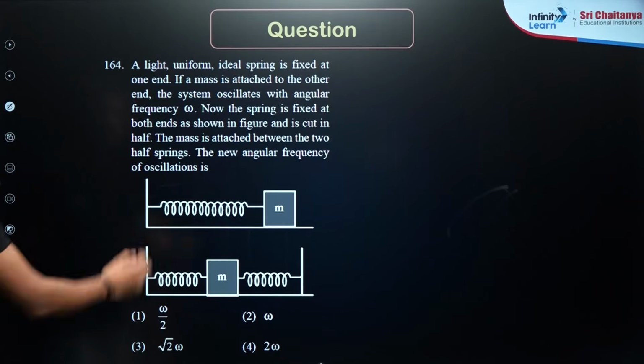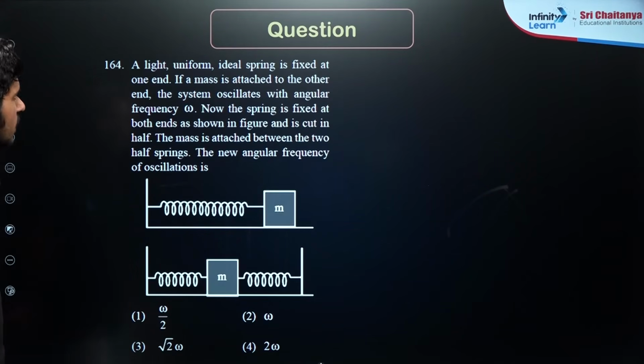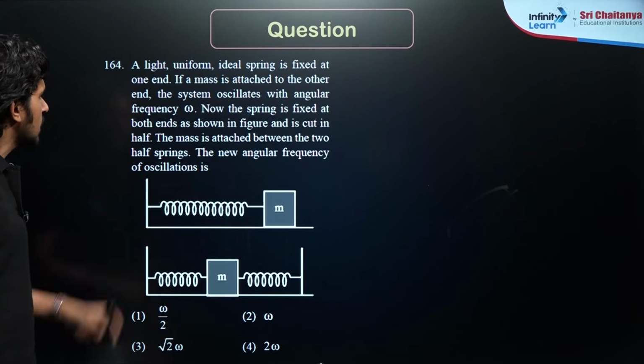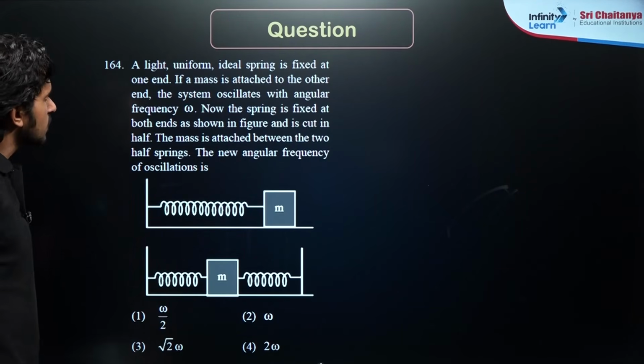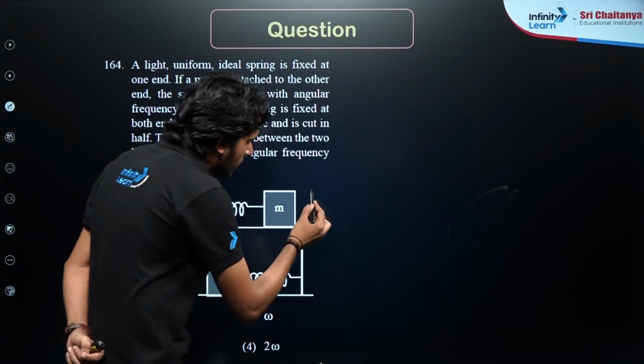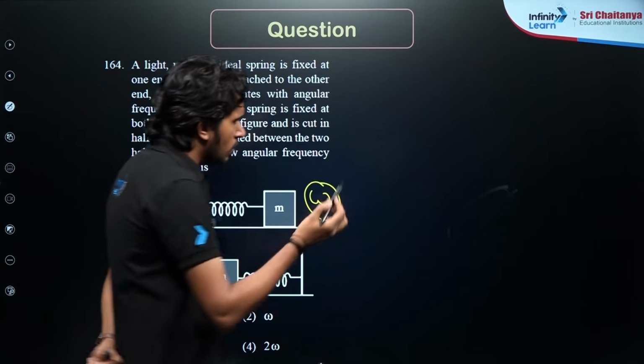Then we have a light uniform ideal spring fixed at one end, and a mass is attached to the other end. The system oscillates with angular frequency omega. And what is omega?